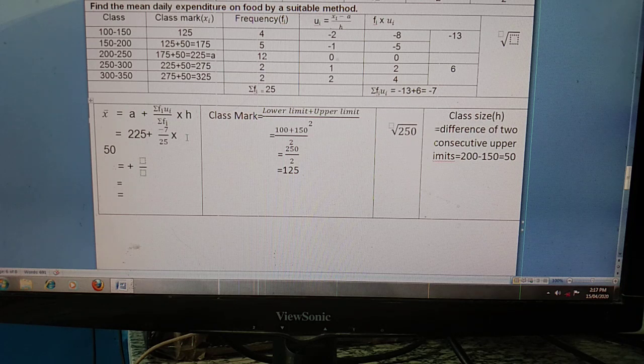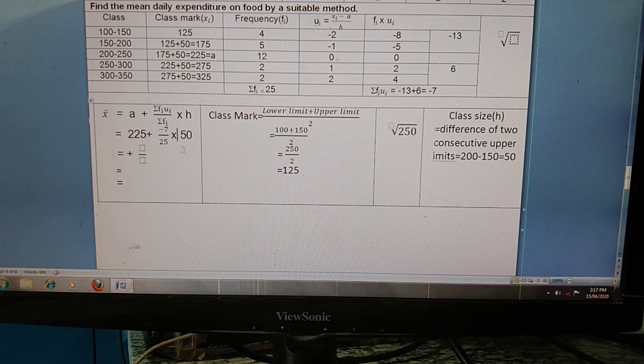Now 225 will be as it is. If I solve this, 25 and 50, so 25 ones are 25, 25 twos are 50. So in the numerator it will be minus 7 into 2 upon 1.